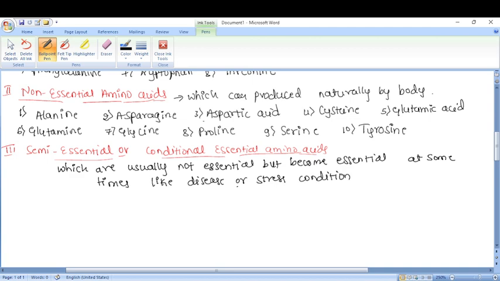That is, semi-essential means conditional essential means these amino acids are usually not essential, but they become essential in some conditions like disease or a stress condition.